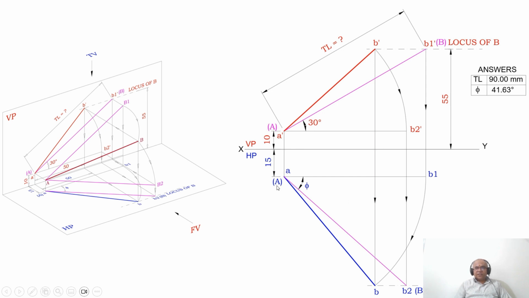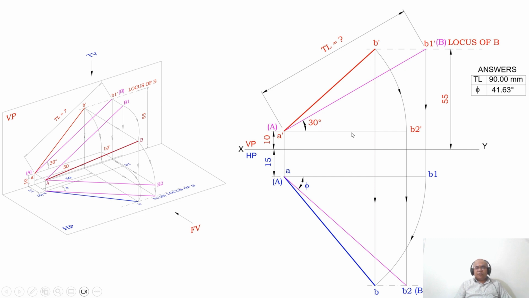So you mark this point as capital A and this as capital B. Then you identify this angle as phi, and join A and B2 with a line a little thicker than the XY line. By using the protractor, you measure this angle phi. It will be 41.63 on computer, but when you are doing it manually, it will be 42 degrees. And the true length of this line is going to be 90 mm.